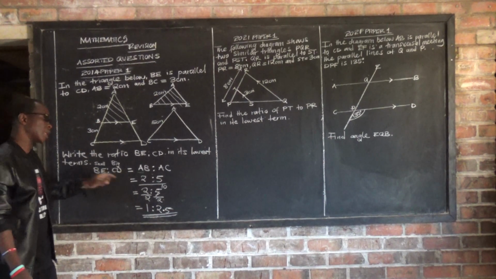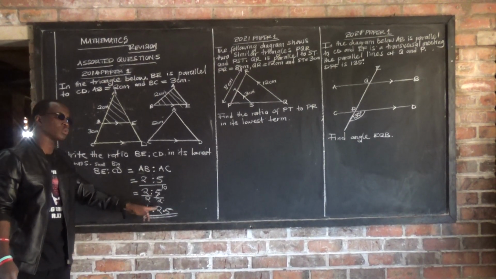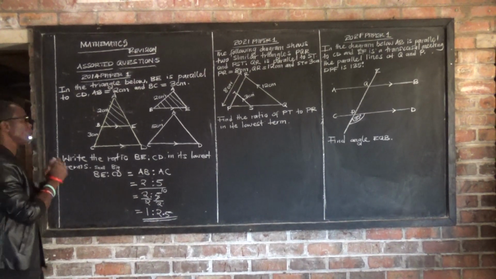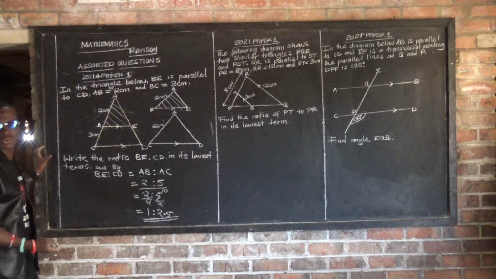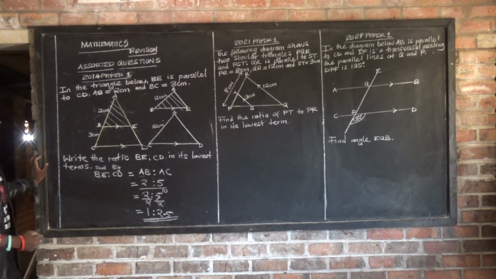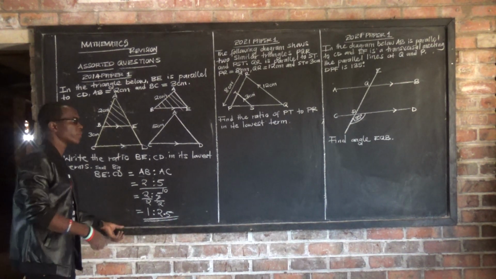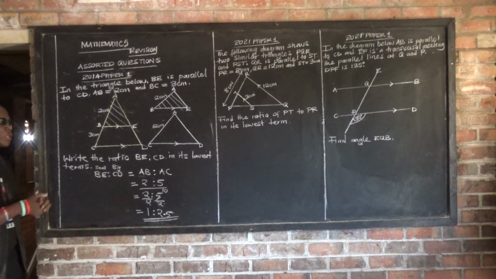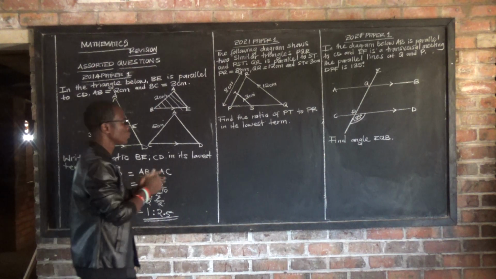So the answer is 2 to 5 or 1 to 2.5. Okay, let's move on. Don't say 2 to 3. I heard a number of you saying 2 to 3. Then you're not following the rules.